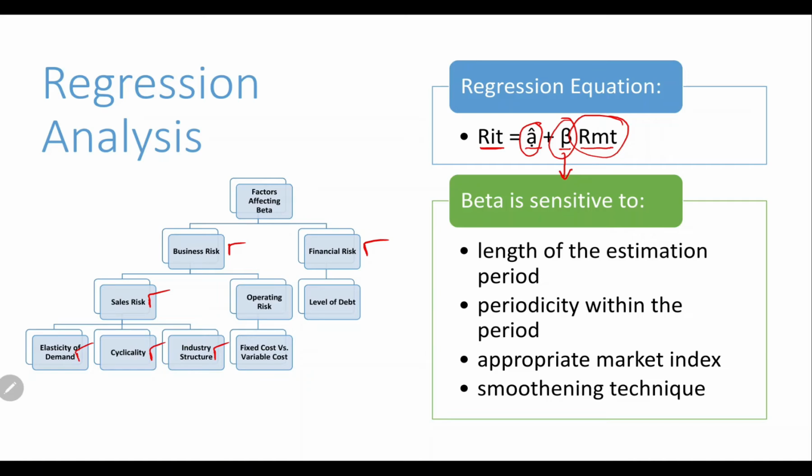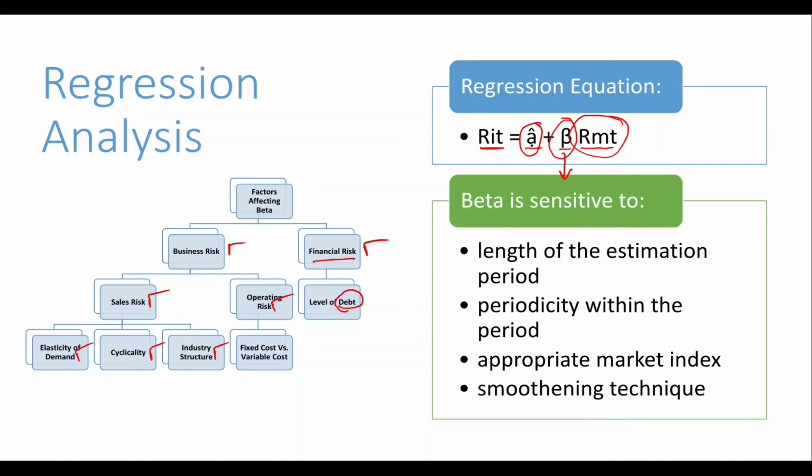Then the other factor that impacts the business risk is operating risk. The financing risk, on the other hand, is the risk of inability of the company to service its debt obligation. It is dependent on the level of debts.